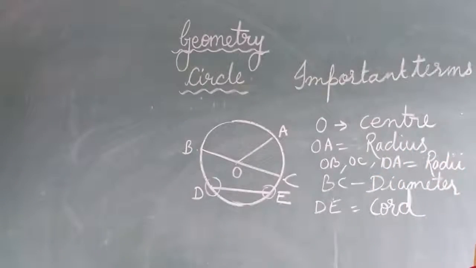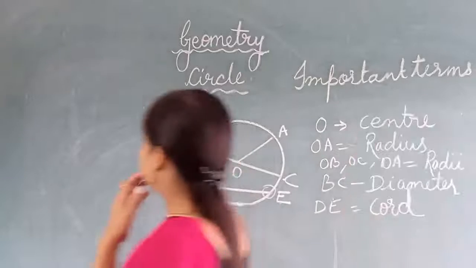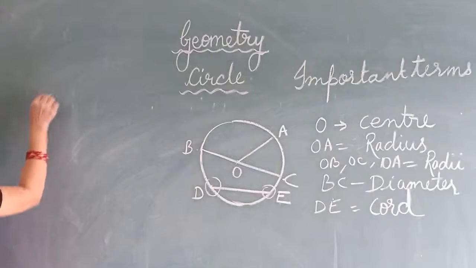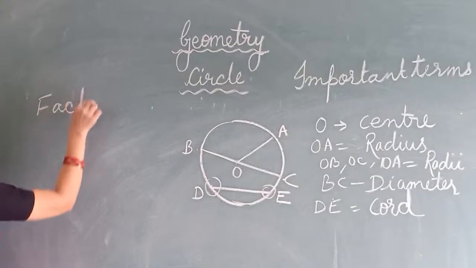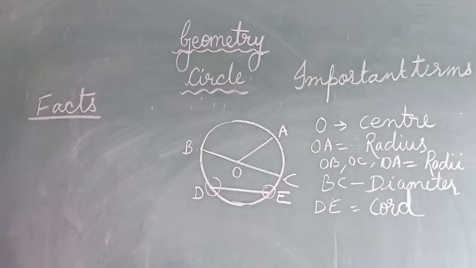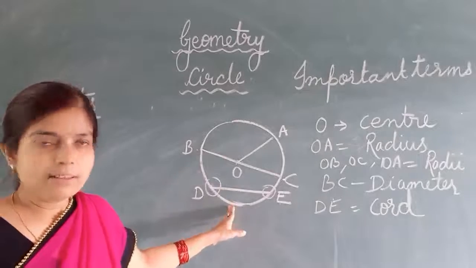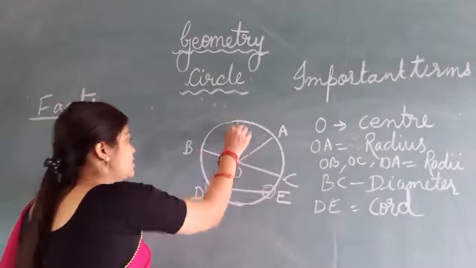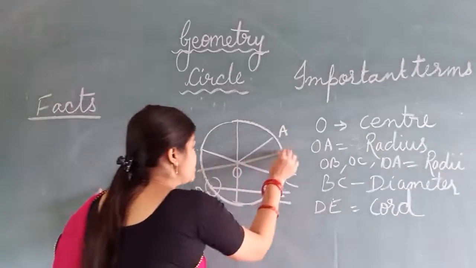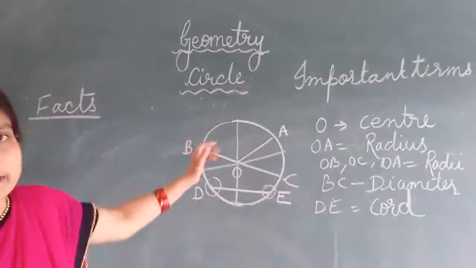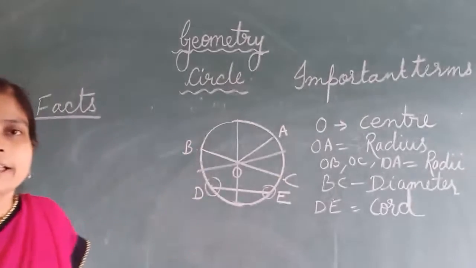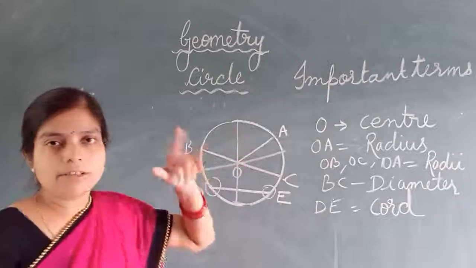Now children, some facts I will tell you of the circle. Facts. We can draw many diameters. This is also diameter. This is also diameter. We can draw many radii also. So the radius of a given circle is always the same.